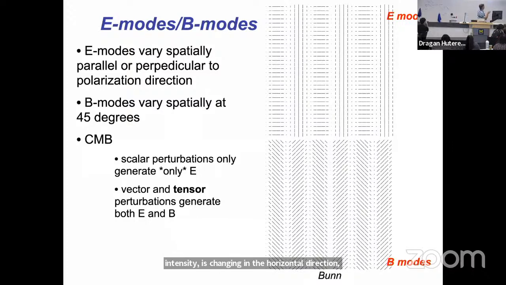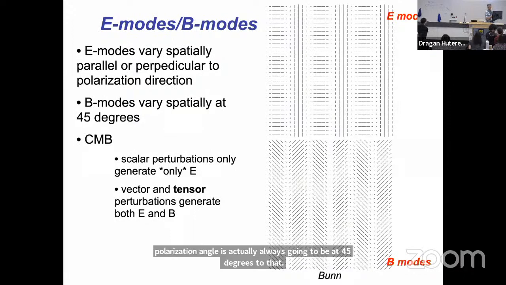For an E mode, the polarization direction is always either parallel or perpendicular to the direction that it's changing. For a B mode, the polarized intensity is again changing in this horizontal direction, but the polarization angle is always at 45 degrees to that. So this is a pure B mode, this is a pure E mode.